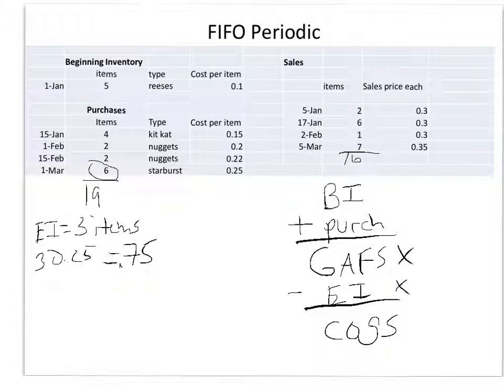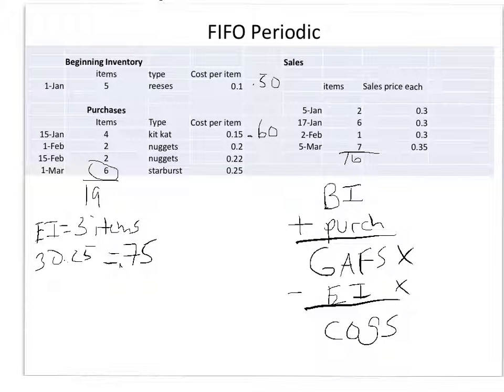Now, to figure out our goods available for sale, what you need to do is total up the costs of all of these things. So we can do that fairly easily. We've got 5 Reese's at 10 cents a piece, so that's 50 cents in Reese's. We have 4 Kit Kats at 15 cents a piece, so that's 60 cents.